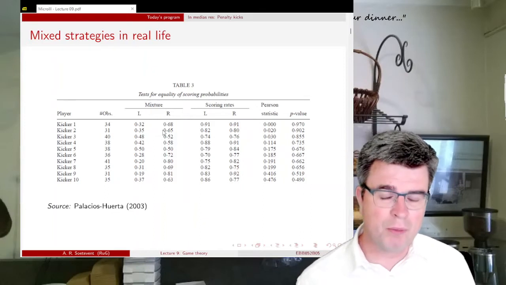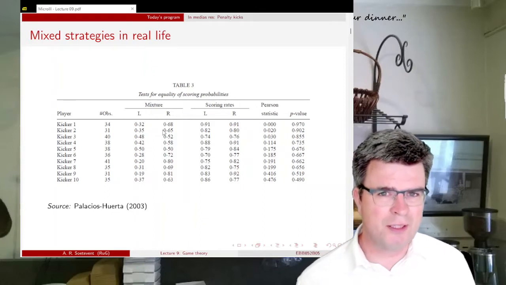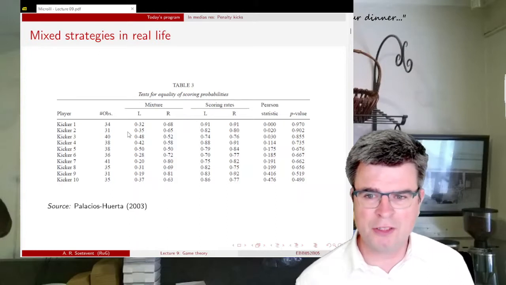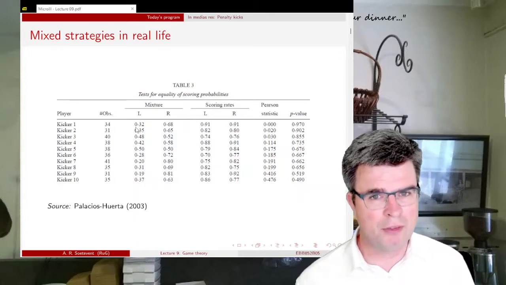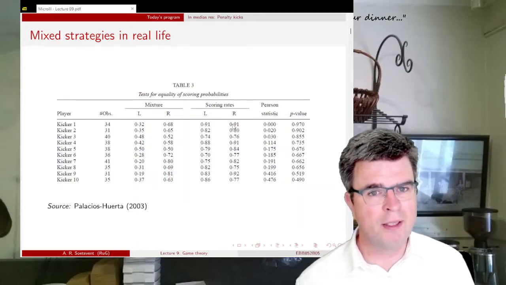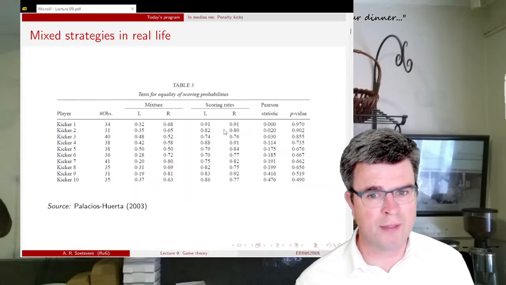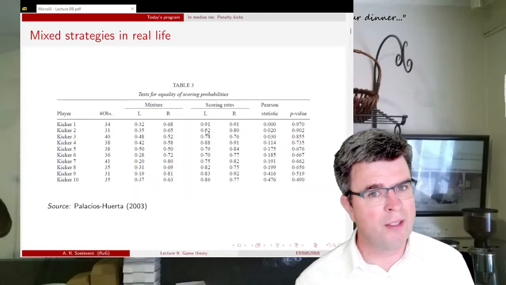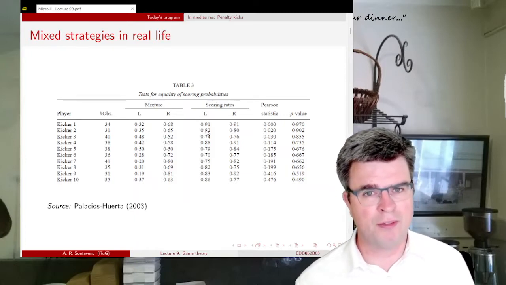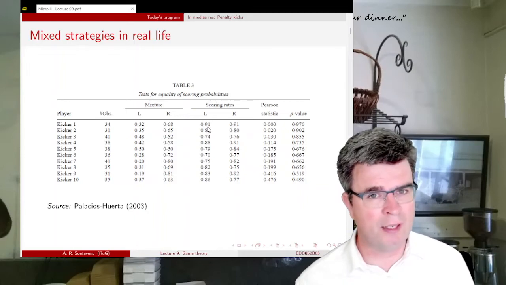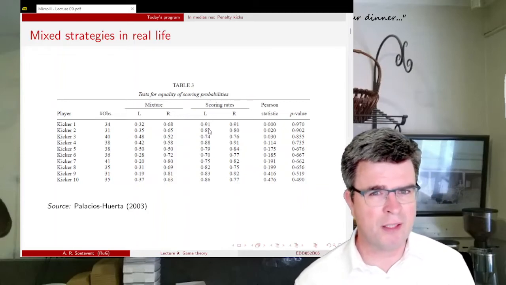Then Palacios Huerta studies how successful this player is when he kicks left and when he kicks right. It turns out that his scoring rate is identical in both cases. If he kicks right, he scores 9 out of 10 times. If he kicks left, he also scores 9 out of 10 times. So the payoff of kicking left and kicking right is exactly identical.